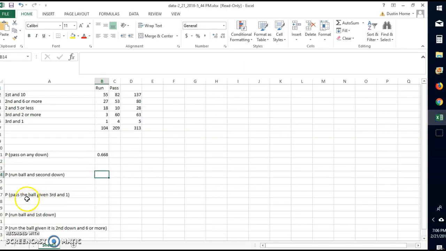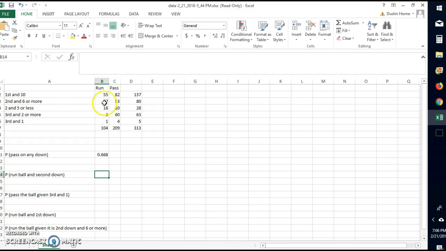The next one is the probability that I will run the ball and it is second down. So you want to look in the run column and then go to the second down, where there are two places we have to look. We ran it 27 times when it was second and 6 or more, and 18 times when it was second and 5 or less.